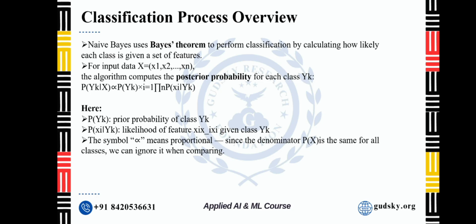Since the denominator P of x is the same for all classes, we can ignore it while comparing. So after computing this for all classes, the algorithm picks the one with the highest posterior probability, that's your prediction. And this is how naive Bayes transforms plain probabilities into a powerful classification decision rule.